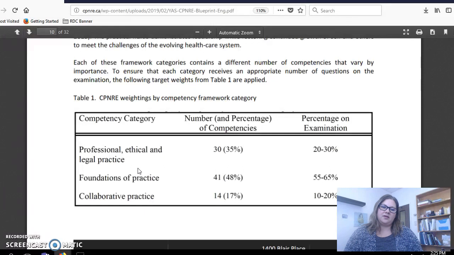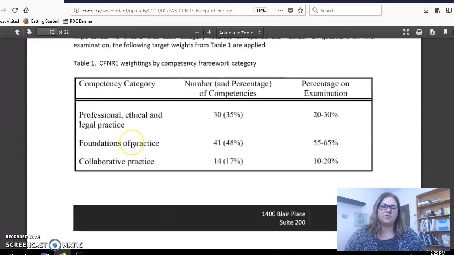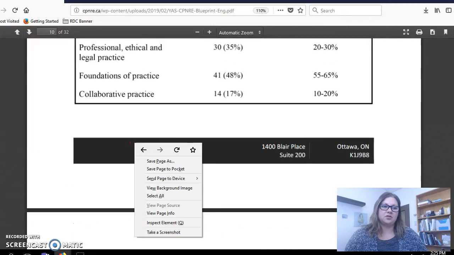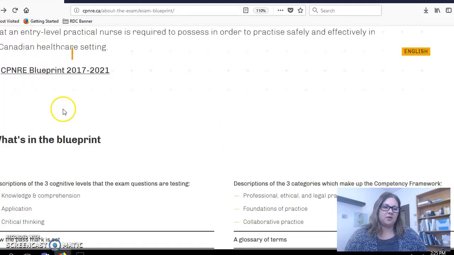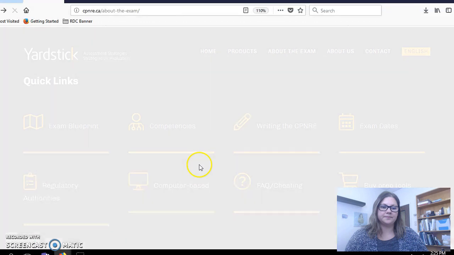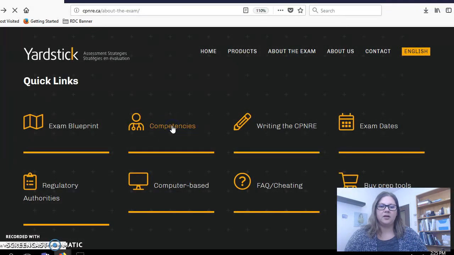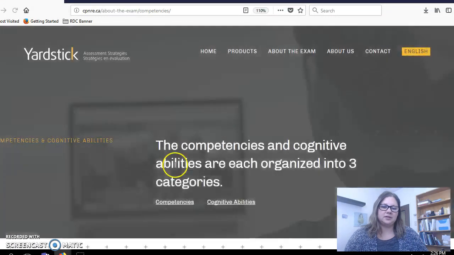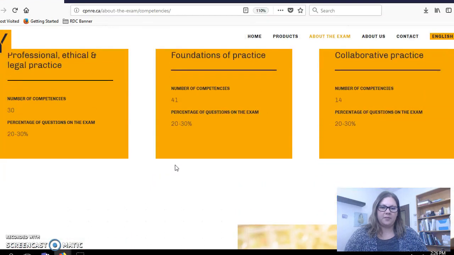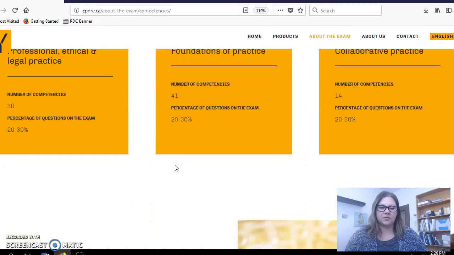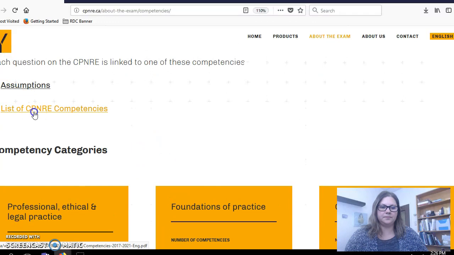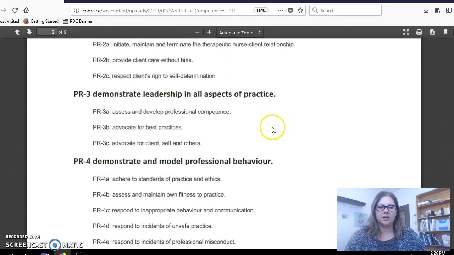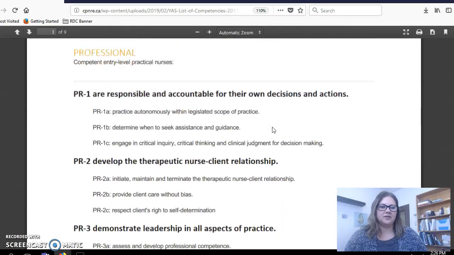Each competency has a number of indicators within it. So if you want to go further in depth into those, you sure can. I'll give you a quick example here. Under the competencies, this is professional practice.